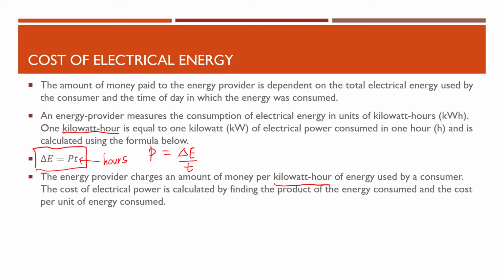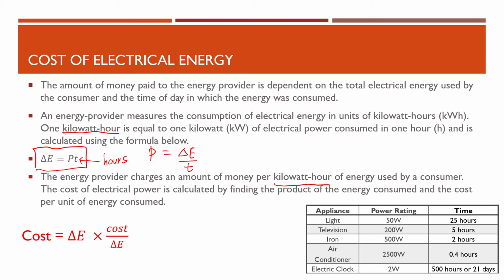So basically, this is our equation. Cost is delta E times cost over delta E. So basically, cost is going to be how much energy we use times how much it is per energy unit. So it'll make more sense once we actually try a question.